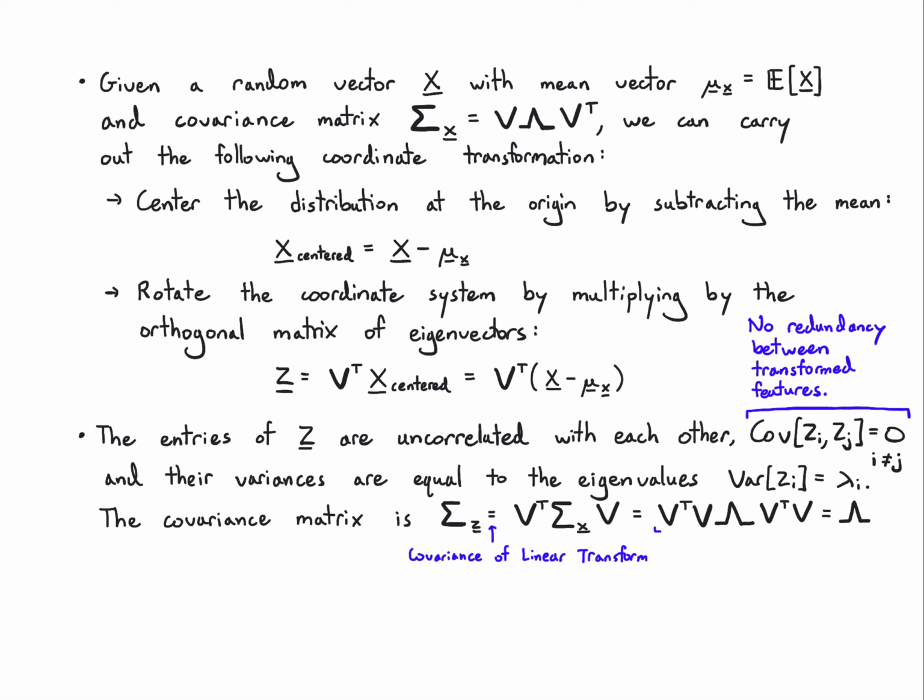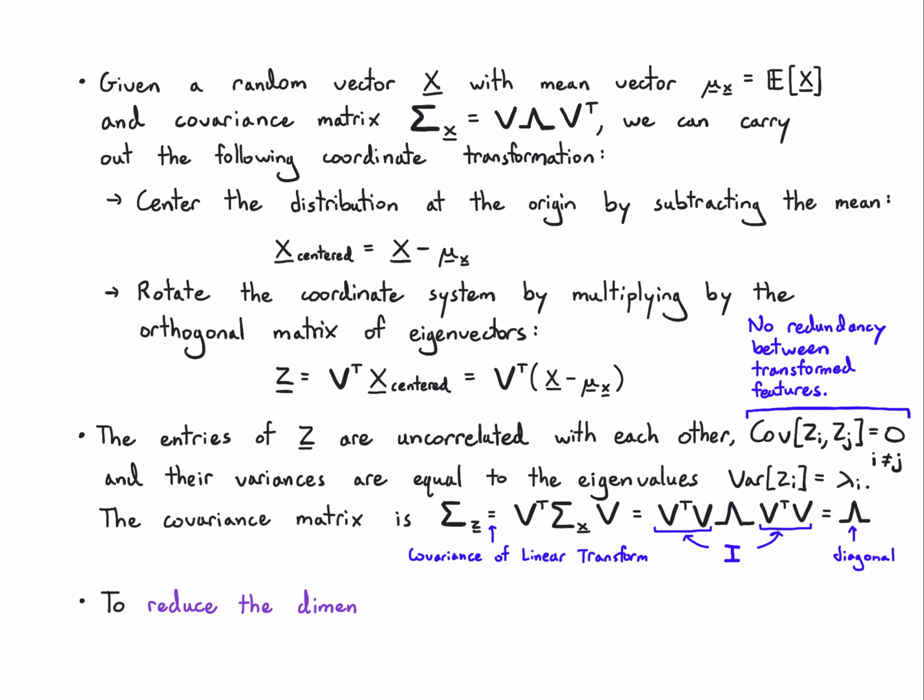And so I end up with V transpose times V, that's the identity, and another V transpose times V, and that's the identity. And those just go away, and I'm left with lambda, this diagonal matrix. That's another way of saying these entries are uncorrelated, because if their covariance matrix is diagonal, then the only things that have positive value in that covariance matrix are the variances, and everything else, the covariances, are just 0.